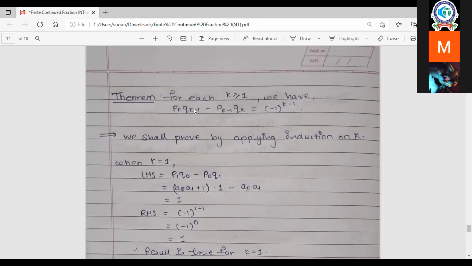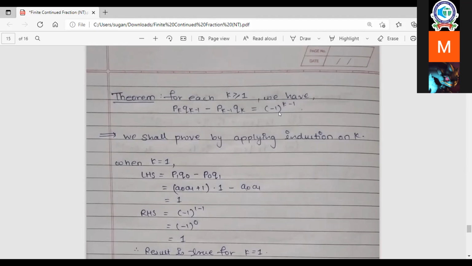If we have Pk, Qk minus 1 and Pk minus 1, Qk, let us take k equal to 1 first. Then we get P1 Q0 minus P0 Q1. That is exactly the determinant, right? You are getting minus 1 to the power k. So for k equal to 1, you got minus 1 there.